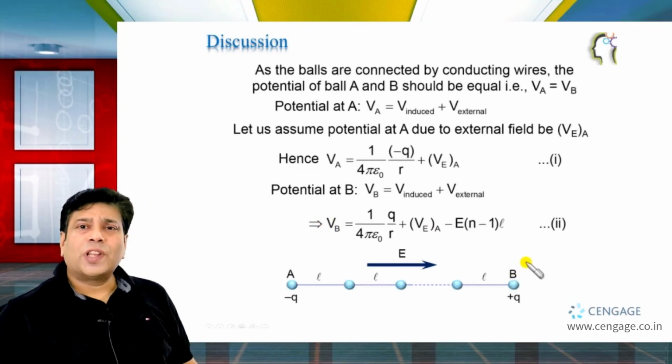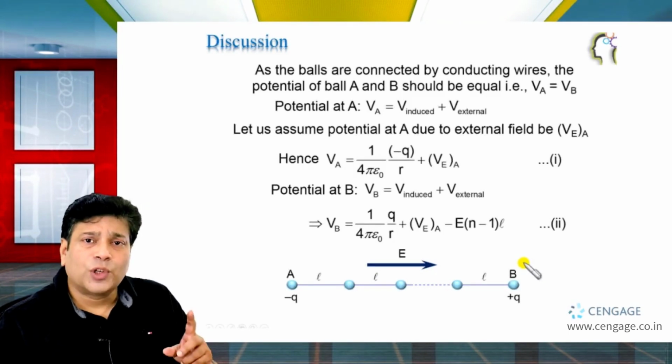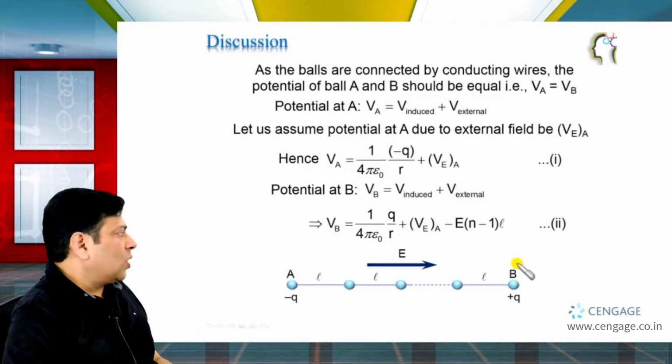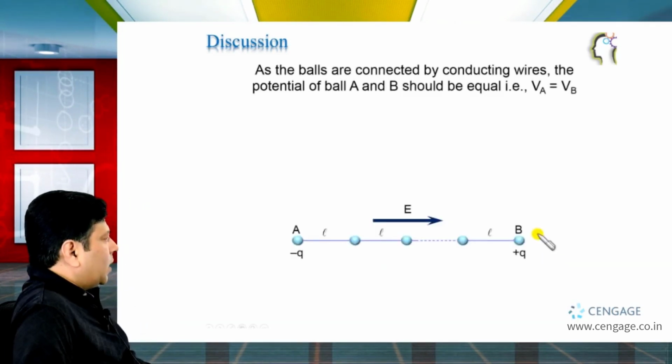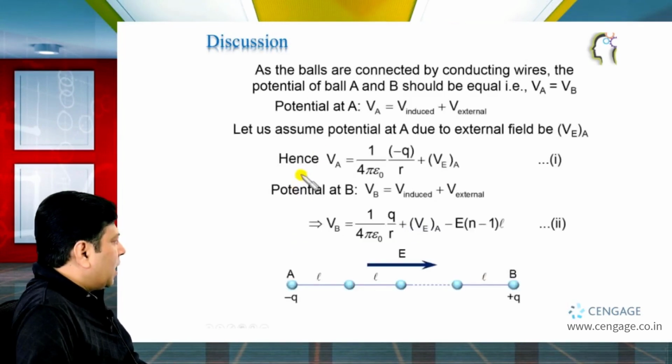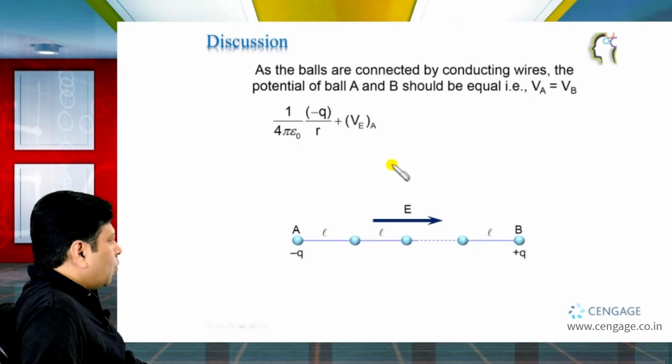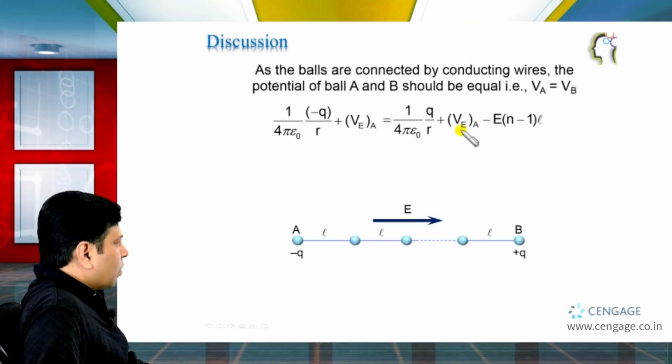As we discussed, the potential at position A and position B should be equal because both are interconnected. So let us equate the potentials: VA is equal to VB. We can observe that the VEA terms will get cancelled.